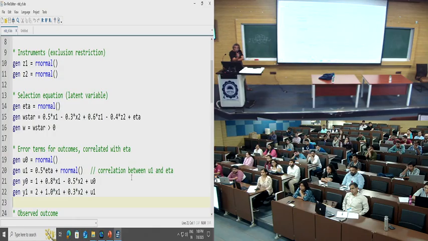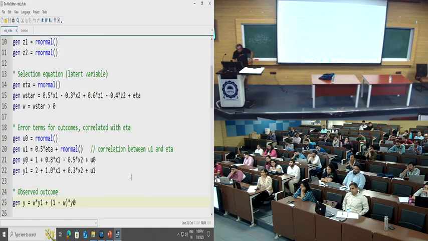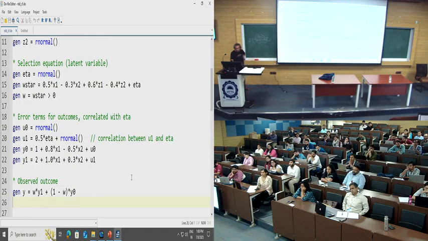Bivariate, and the covariance is not equal to 0. So we generate U0, U1, Y0, and Y1. My observed outcome is nothing but the weighted average of W with Y1 and Y0, recall (1 minus W_i) Y_i0 plus W_i Y_i1, exactly the same thing over here.